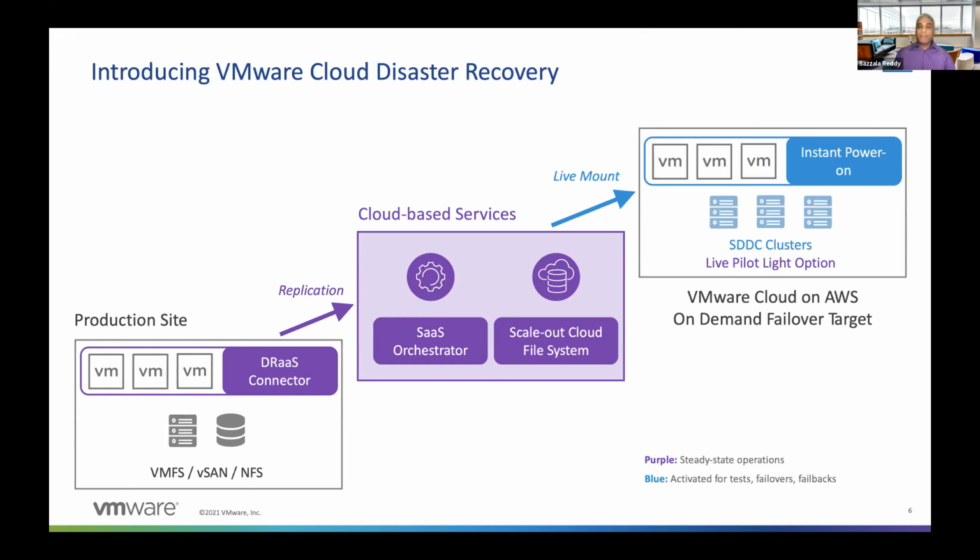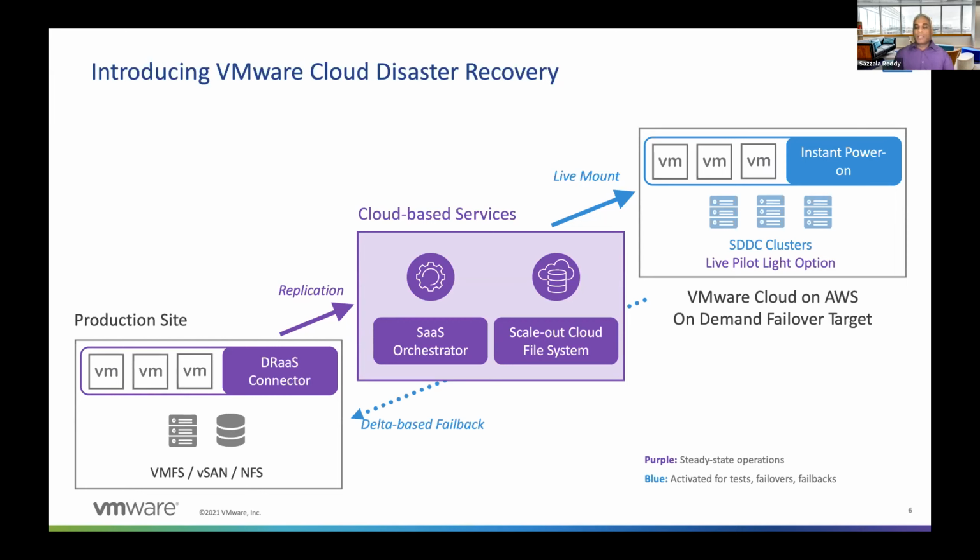And finally, in most cases, the data center is not dead. It's been temporarily disabled by a power outage or something like that. When you are done fixing your data center in a couple of days, you push a button to fail back, and we will bring back only what has changed in the last few days. So let's say 1 terabyte changed in the last couple of days; we'll only bring that 1 terabyte back to your data center.